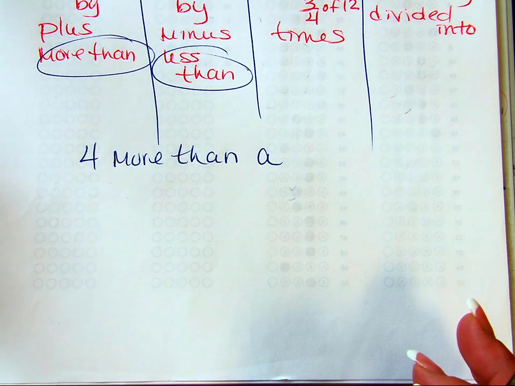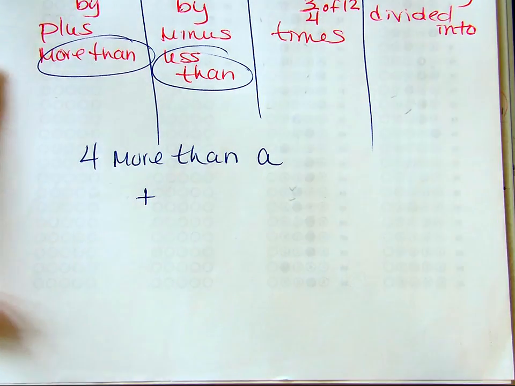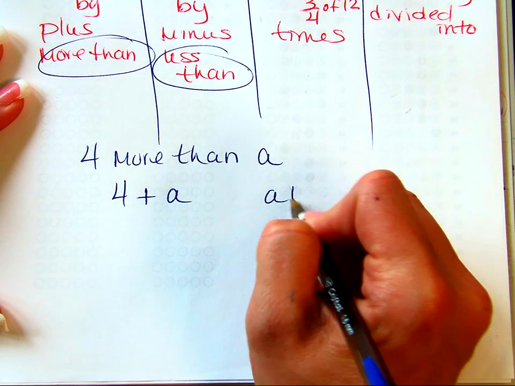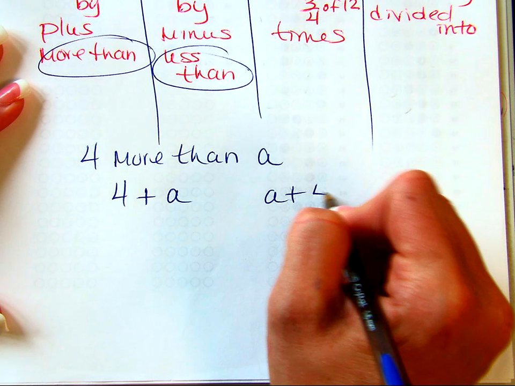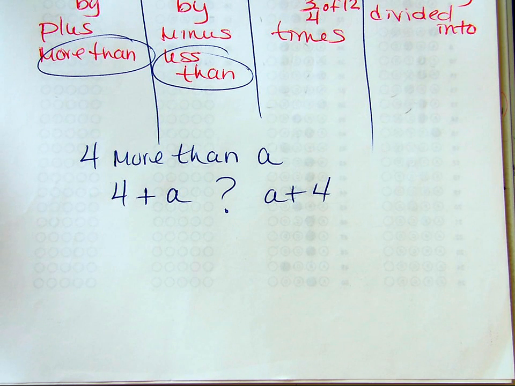Obviously, more than means plus, so we're going to need a plus sign. And my question is, is it 4 plus A or A plus 4? What do you think, Dylan? Either one is going to give you the same answer when I give you a substitution of a value for A, but there is a right or wrong way. Yeah. It's A plus 4.